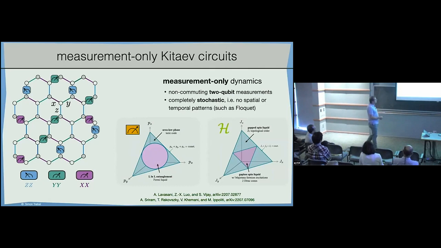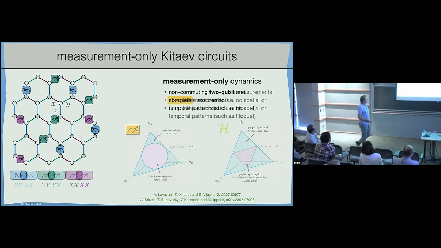And these phase diagrams are drawn as a function of the probability that you measure these 3 different types of operators, X, Y, and Z. So similar to the strengths of the coupling in the Hamiltonian. And visually you see immediately that these phase diagrams are not alike. They have some similarities. But this famous phase diagram that we all know becomes here replaced by one that has a circular structure in the middle.